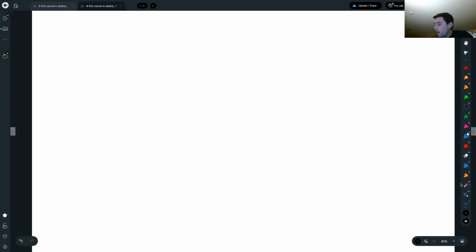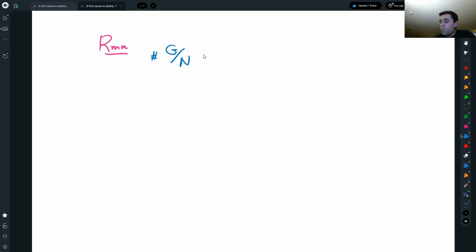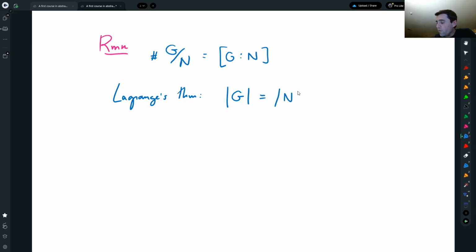What I was going to say is the following remark, that we have Lagrange's theorem. Remember that the size of the quotient group G modulo N will be the index of N in G. But by Lagrange's theorem, we know that the size of G is the size of N times the index.